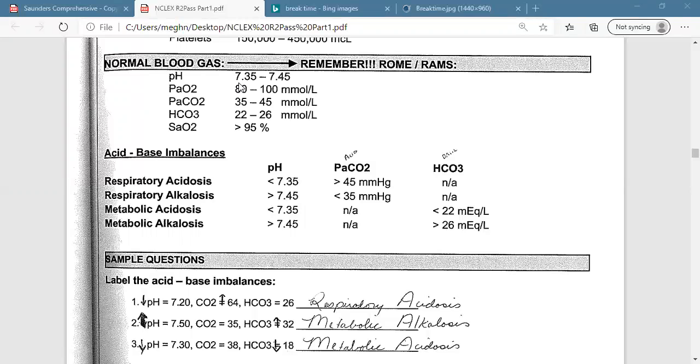If the pH is more than 7.45, you make it short to 2: alkalosis, metabolic alkalosis or respiratory alkalosis. So only by seeing the pH, out of the 4 options, you can exclude which 2 should be the answer. Then think which of the 2 should be.